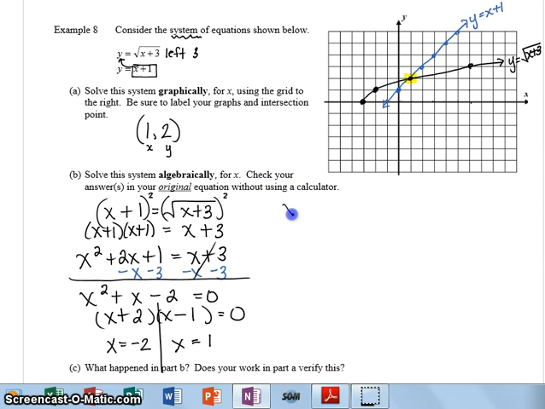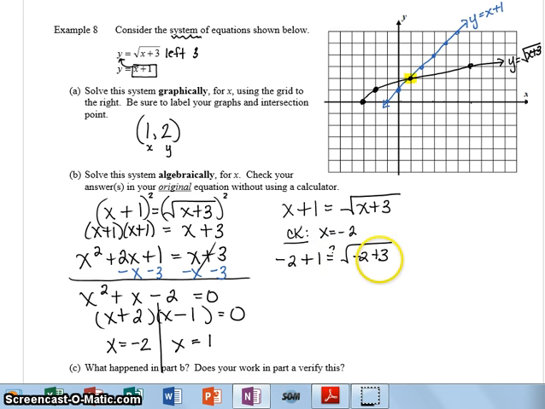So remember, your equation was x plus 1 equals the square root of x plus 3. So now if I wanted to check x equals negative 2, you're going to substitute a negative 2 wherever you see an x. So I'm going to get negative 2 plus 1. Is that equal to the square root of negative 2 plus 3?